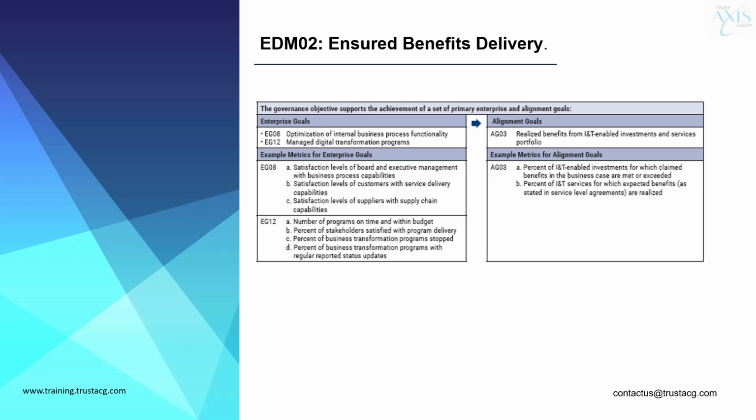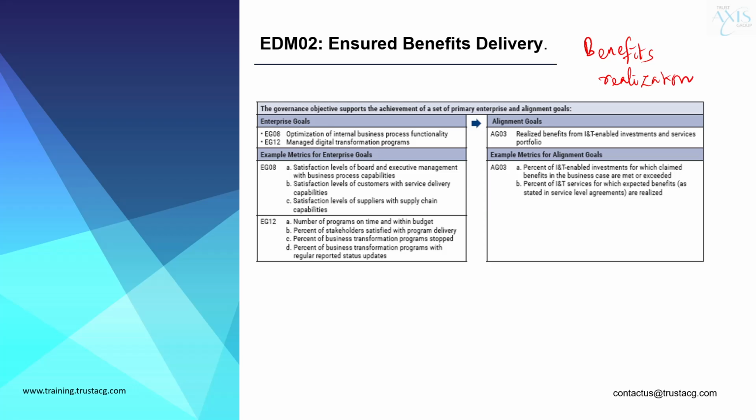So, the core purpose of this particular objective, EDM02, ensured benefits delivery, is to make sure that the enterprise realizes the benefits that are promised from the IT related investments. Okay, so this is all about the realization of benefits.